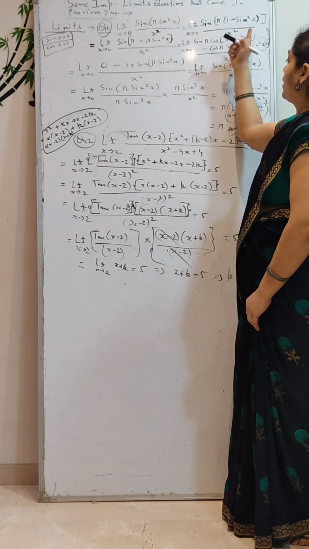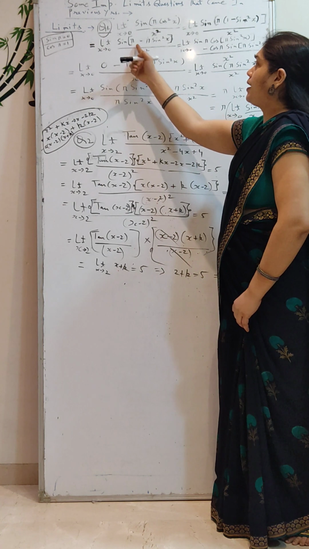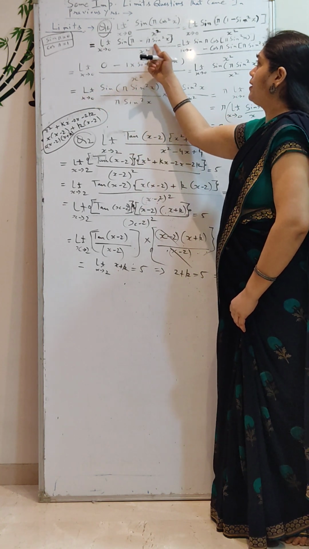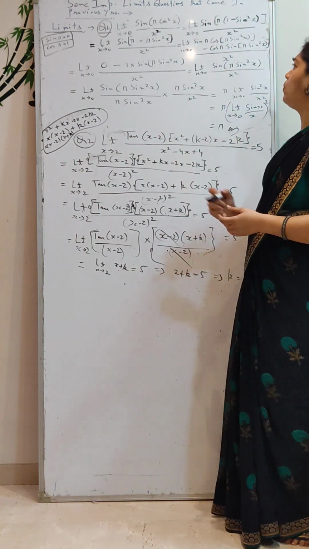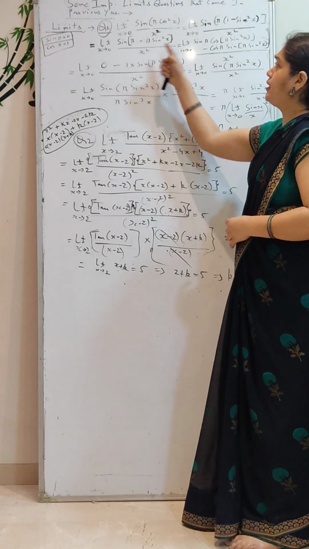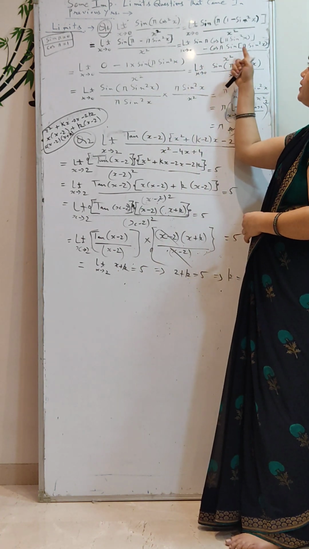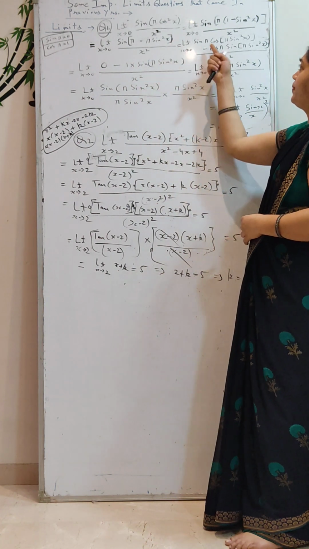If we open this, what will come? sin(pi minus pi sin square x) upon x square. We know that sin(A minus B) is sin A cos B minus cos A sin B, so we will expand this numerator.